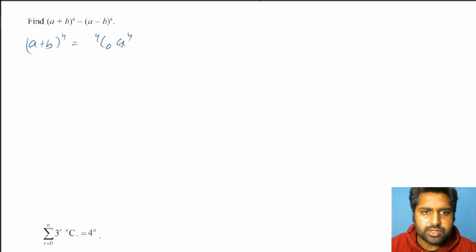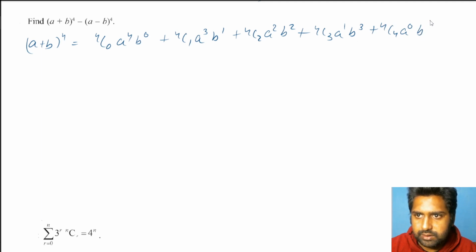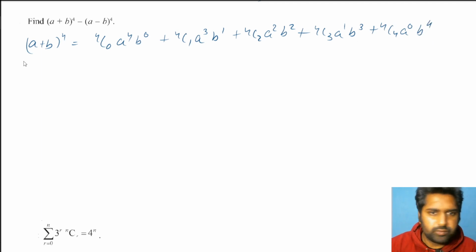So 4C0, start with a raised to power 4, b raised to power 0, 4C1, a raised to power 3, b raised to power 1, decrease, increase, 4C2, decrease, increase, 4C3, power of a decreases, power of b increases, 4C4, power of a decreases, power of b increases. Okay, that's it. We'll not be solving any further.